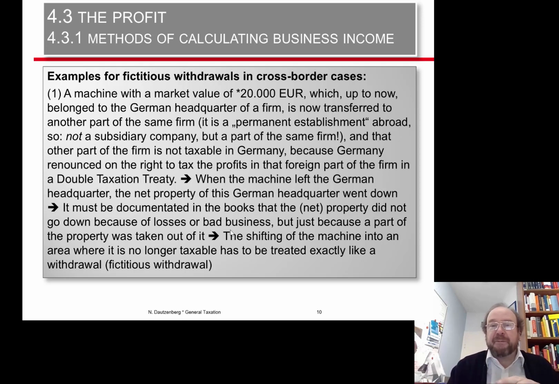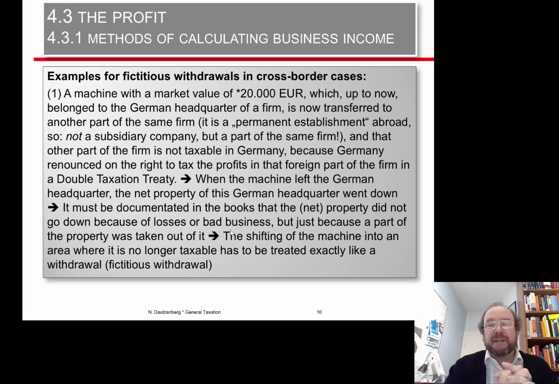Then the effect would be the machine was first in the taxable area of the firm and then taken out from the taxable business property to another business property which is not taxable in Germany. And naturally, if the bookkeeping for taxation in Germany has to measure if there was an increase or decrease in the business net property, naturally we look to that taxable part, and that has been diminished by your taking out the machine. So that would be regarded as a withdrawal.